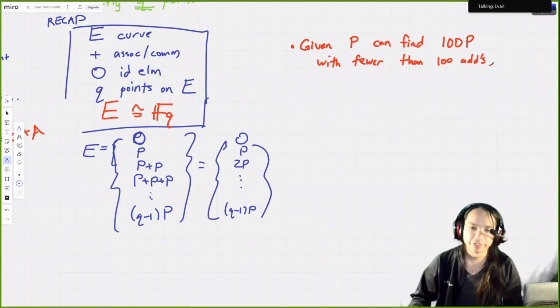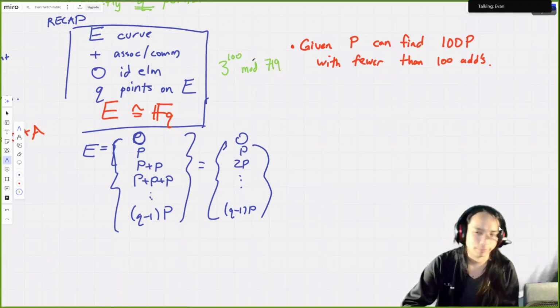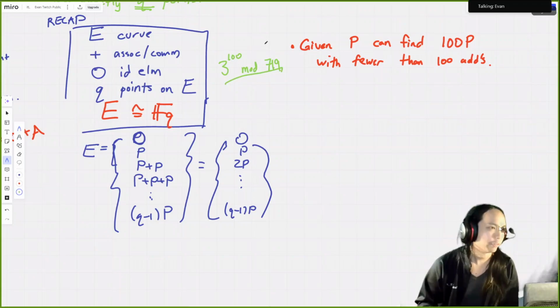If you've seen math contest problems before, where you're trying to compute, let's say, 3 to the 100 mod some large prime, the reason it's called repeated squaring is because it's the same trick.